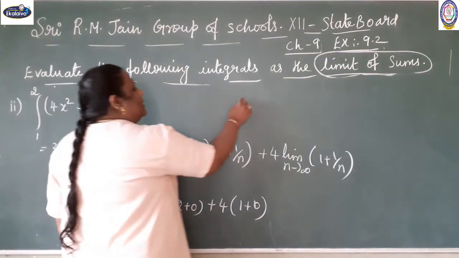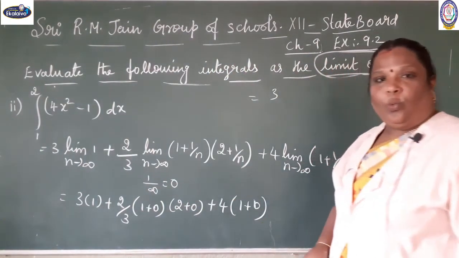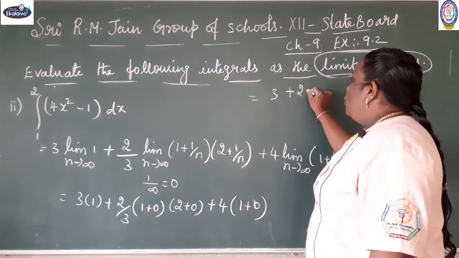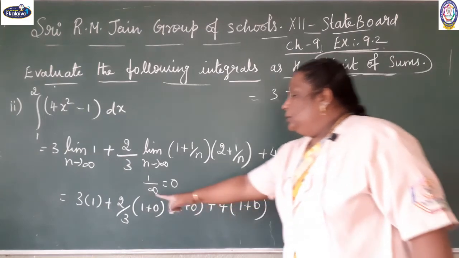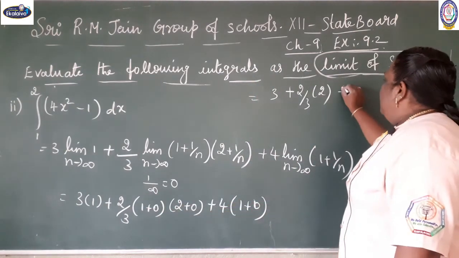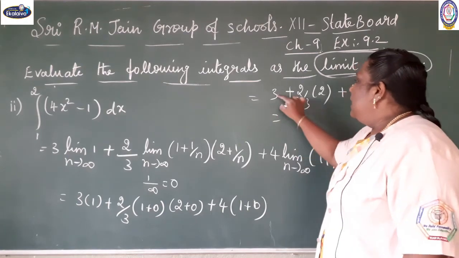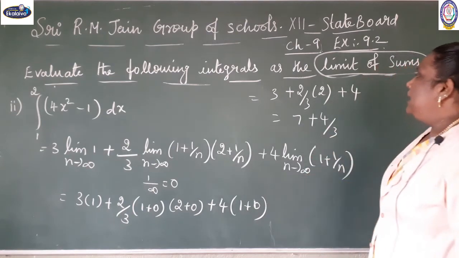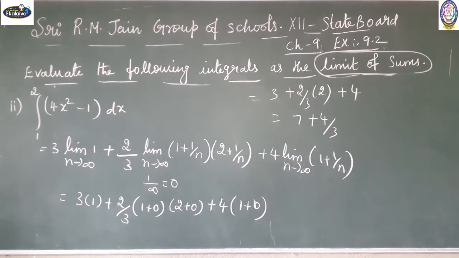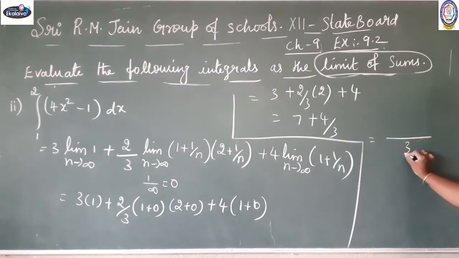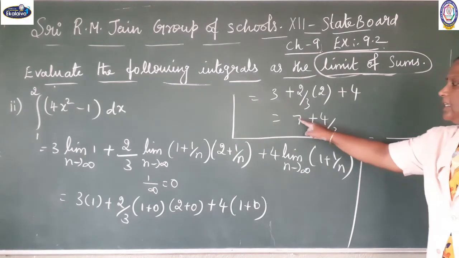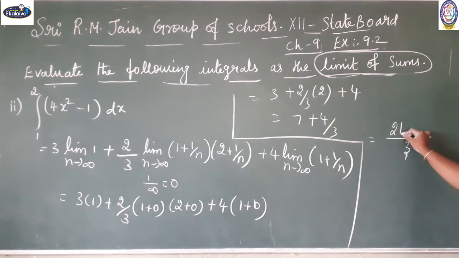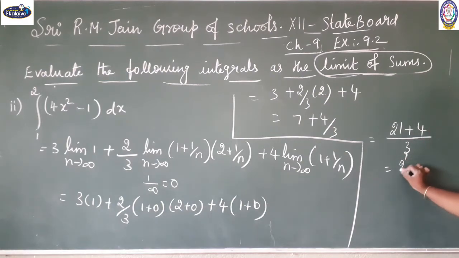See here, 3 into 1 is 3, plus 2 by 3 into 2, plus 4. So it gives 3 plus 4 is 7, 7 plus 4 by 3. Take 3 as the LCM: 7 3s are 21, 21 plus 4, so the value is 25 by 3.